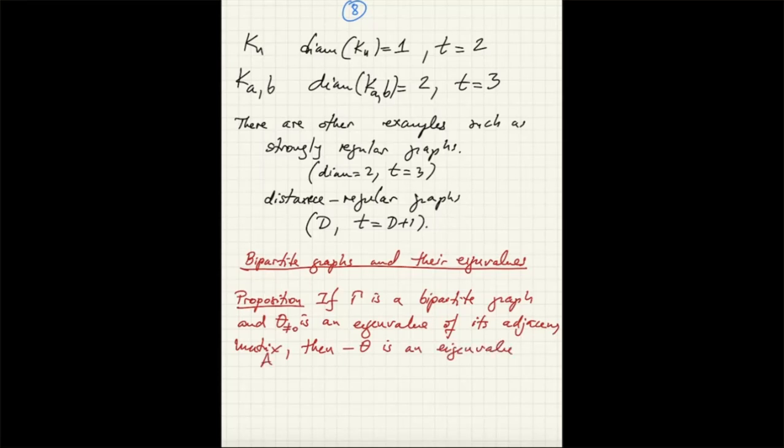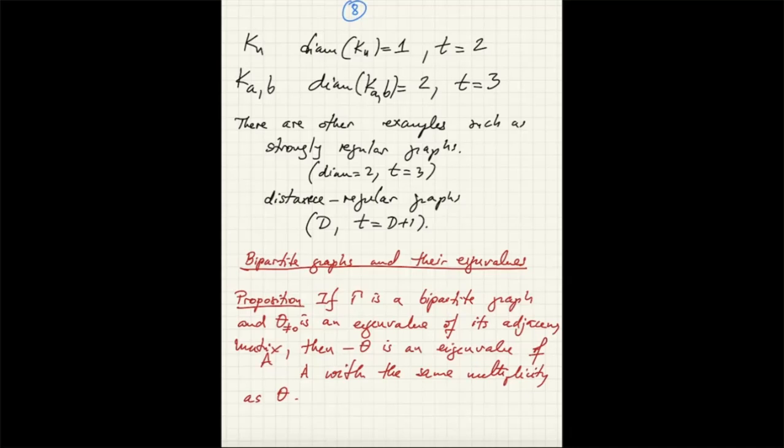Let's call the adjacency matrix of gamma A. It's an eigenvalue of A with the same multiplicity as theta.